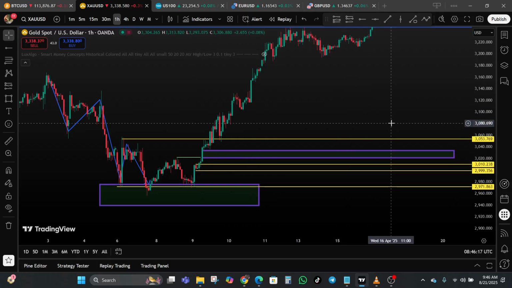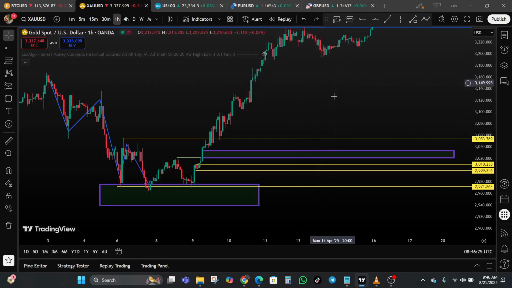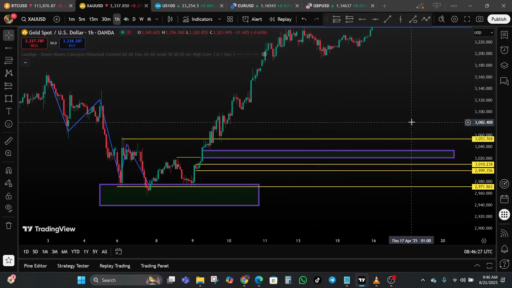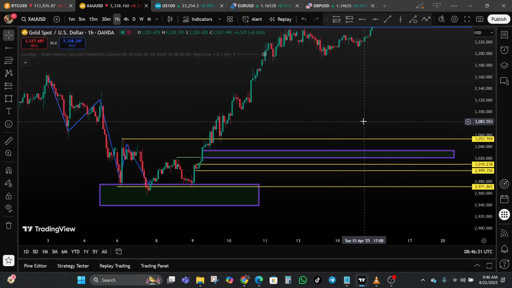On the other hand, if price rejects at a major order block after sweeping liquidity above a high, it could signal a shift to the downside. So do you understand the concept now? Remember, trading gold with the ICT strategy means thinking like an institution, not a retail trader. It's about seeing where the big players are active and aligning with their moves instead of fighting against them.